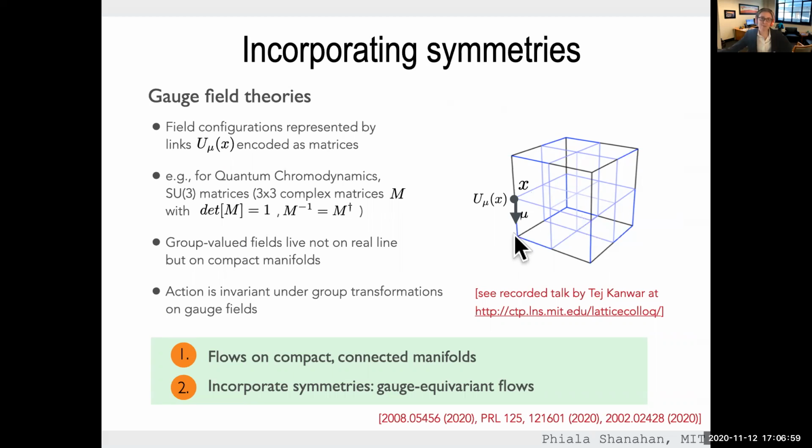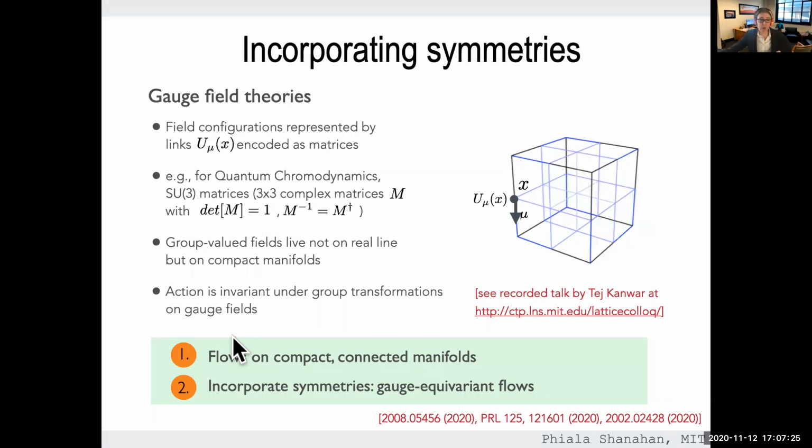So for QCD, we have SU(3) matrices, that's 3x3 complex matrices with unit determinant. And so the very first thing is that group valued fields don't live on the real line, but they live on compact manifolds. So we first had to go back and design these sorts of flow architectures on compact connected manifolds, even just the angles on a circle.